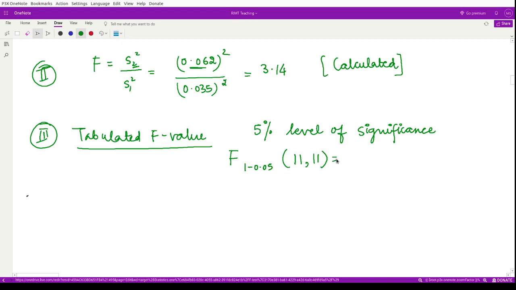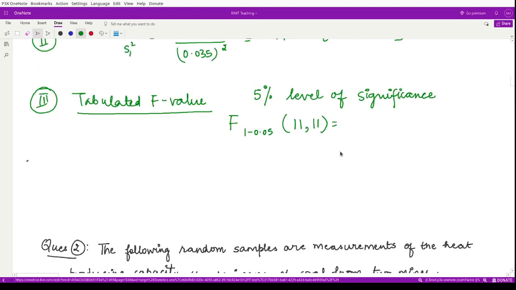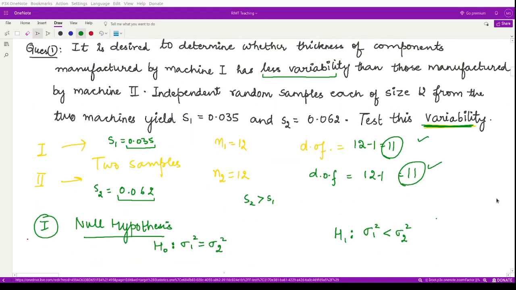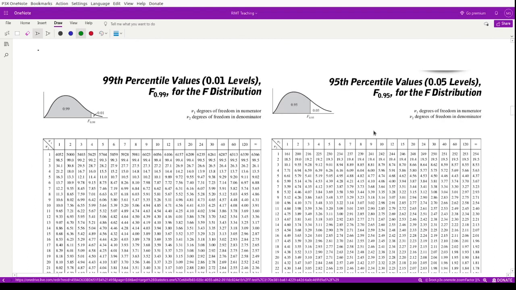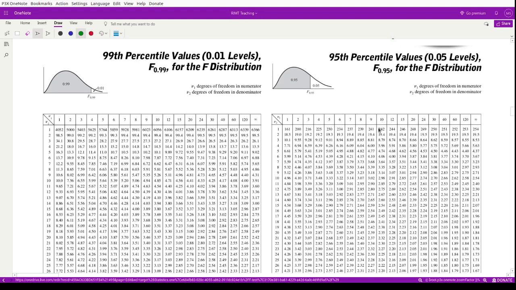For that, we will have to refer back to the table. These tables are most of the time available to you very easily. I have also written down the tables here. For 5% level of significance, we will refer to this table. Our first degree of freedom is 11 and second degree of freedom is also 11.